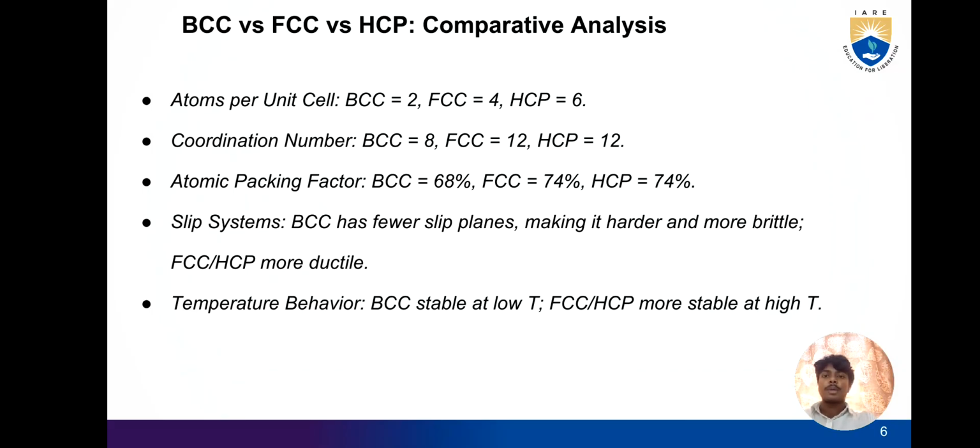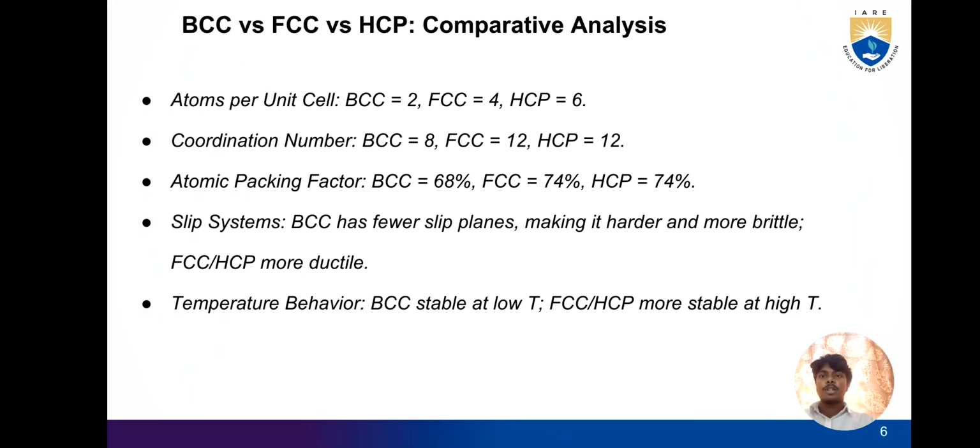Ductile to brittle transition: BCC metals exhibit a ductile to brittle transition temperature, meaning they become brittle below a certain temperature due to insufficient thermal energy to activate all slip systems. FCC metals do not have a DBTT and remain ductile even at very low temperatures, making them preferable for cryogenic applications.